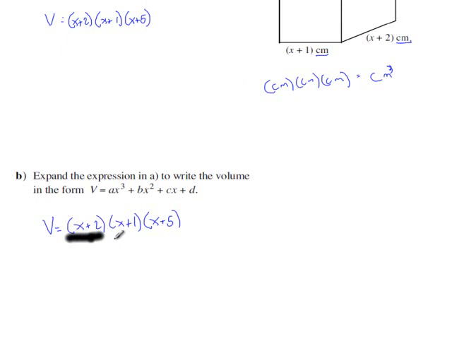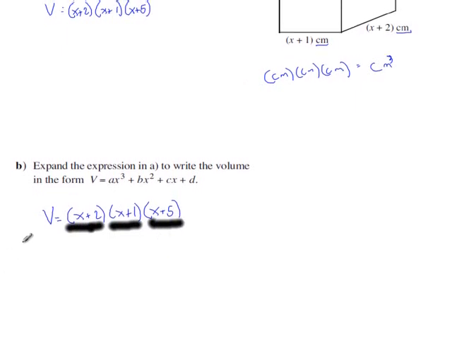The x plus 2, the x plus 1, and the x plus 5. Because they're just three things being multiplied, it doesn't matter which order you multiply them in. So you could choose to multiply the x plus 2 times x plus 1, and then whatever you get from that, you'd have to multiply the whole thing by x plus 5. Or you could choose to multiply the x plus 1 and the x plus 5 together, and then whatever you get from this, you'll have to multiply it by x plus 2.